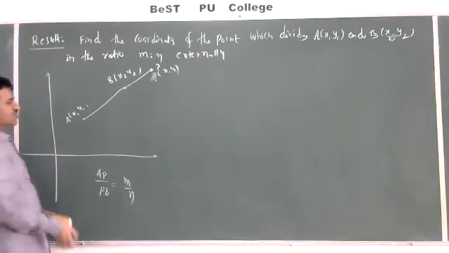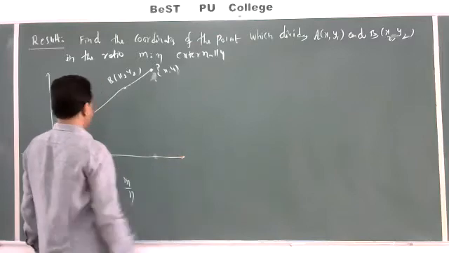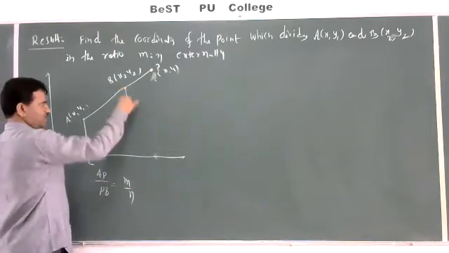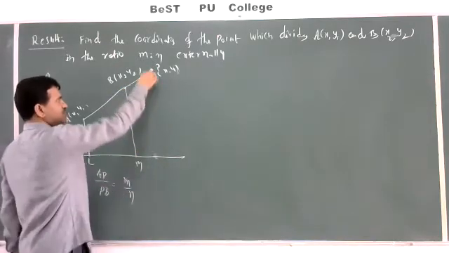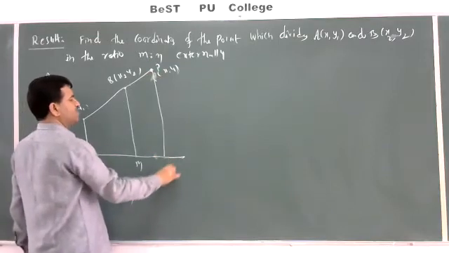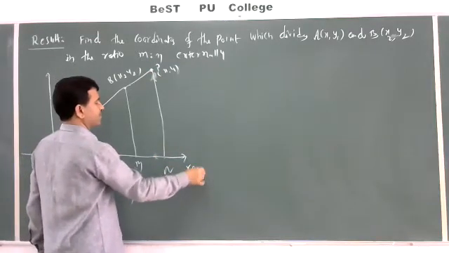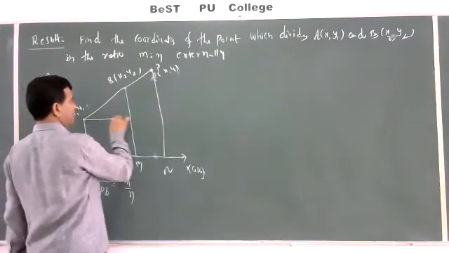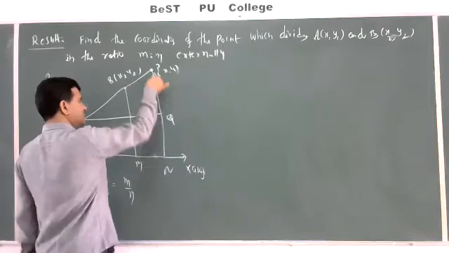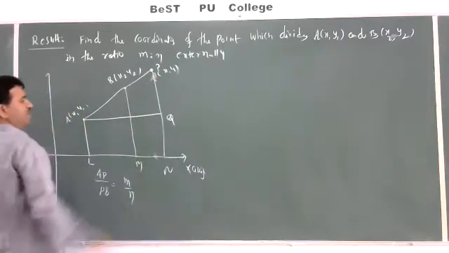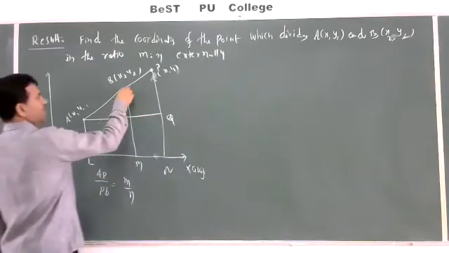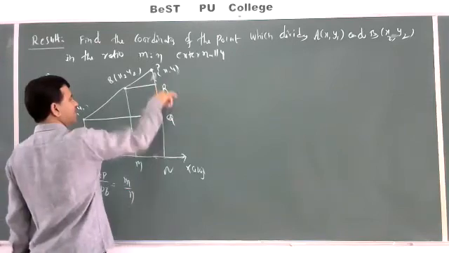You want to do the same construction here? Same. Draw AL perpendicular to the x-axis. Draw BM perpendicular to the x-axis. PN is perpendicular to the x-axis. You already experienced the internal theorem, same. Here, draw perpendiculars: AQ is perpendicular to PN, not to BM, and draw BR perpendicular to PN.